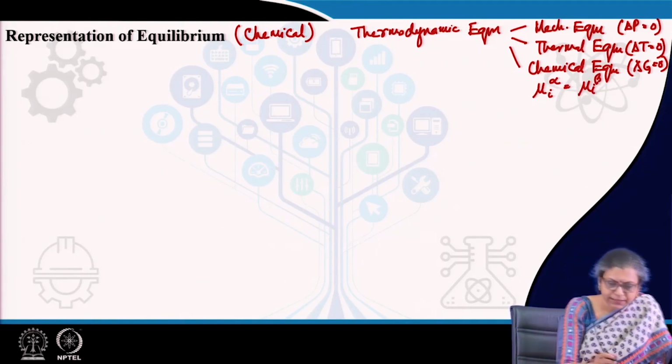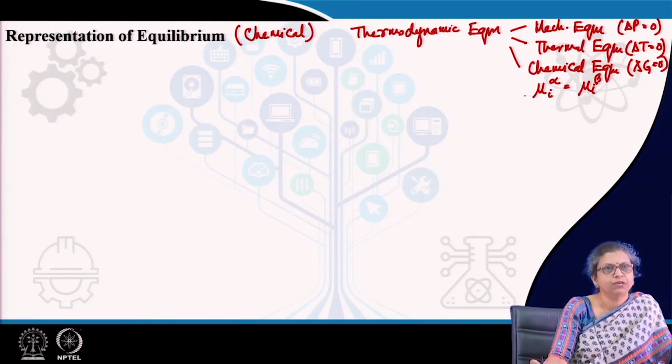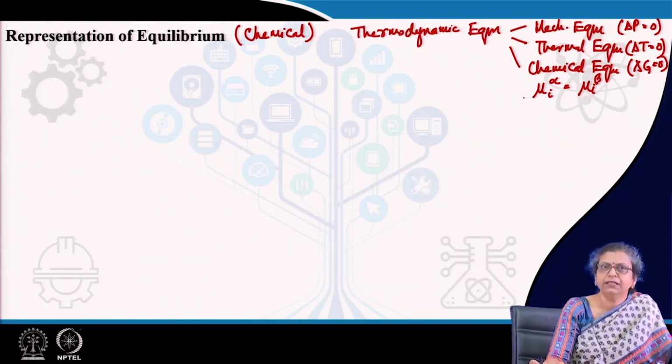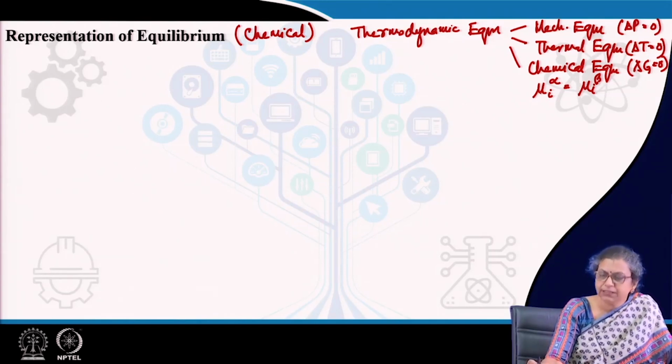So let us recollect how to express this, because if we know how to express mu in terms of composition, temperature and pressure, then we can find mu of component I under the conditions of temperature and pressure existing in phase alpha.